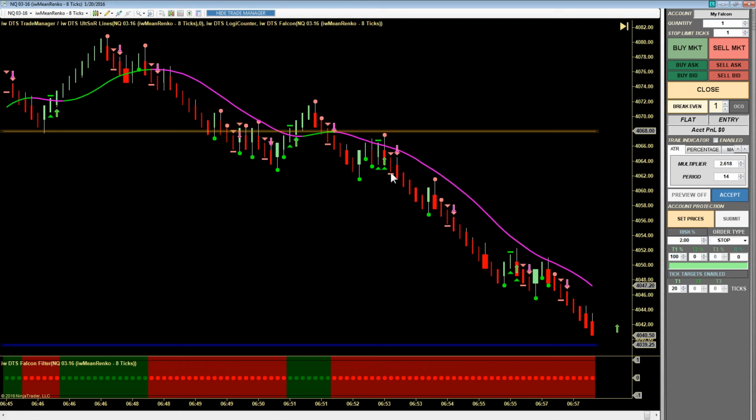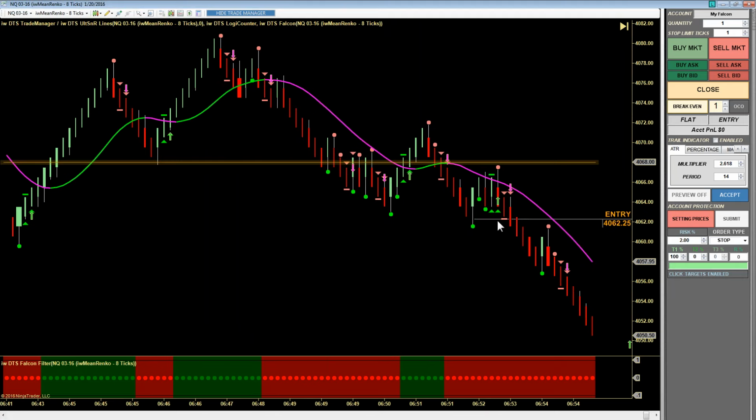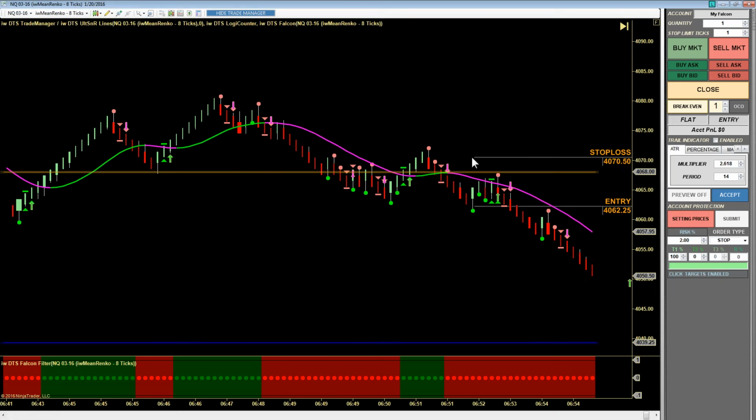If you didn't want to use the high probability profit target, you could certainly use your support and resistance suite. So let's say we chose to enter here off of the signal. We're going to place our stop loss, say, above here, and we're going to use the support zone as our profit objective.